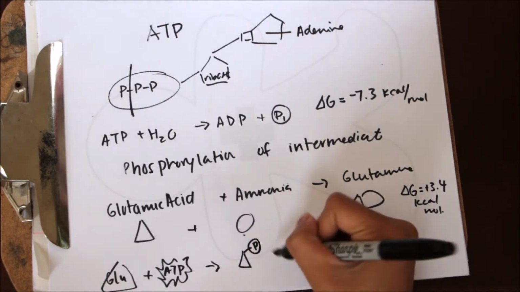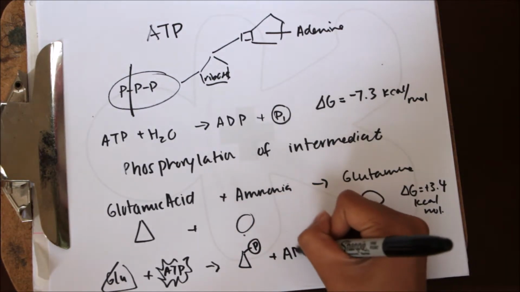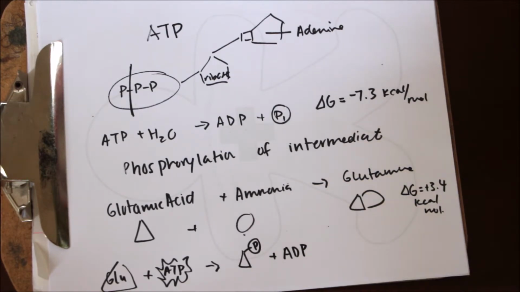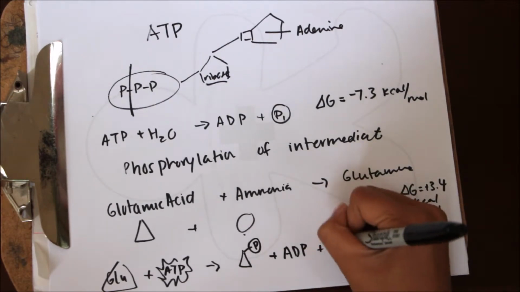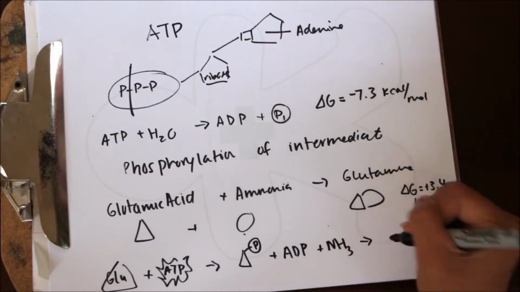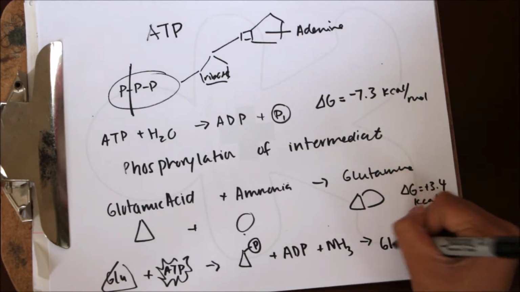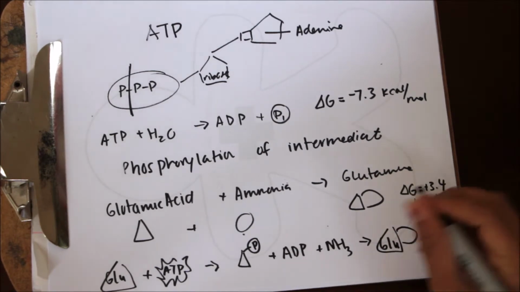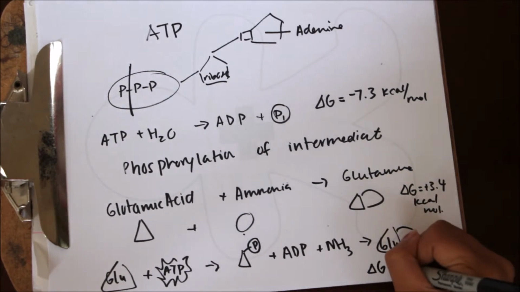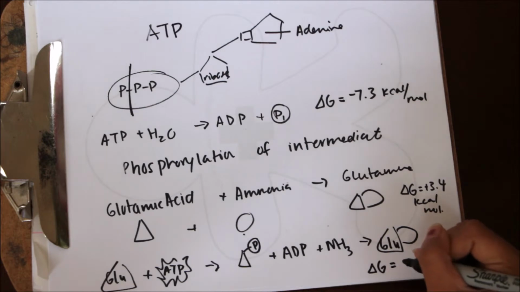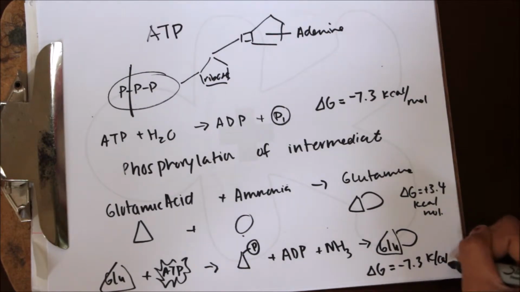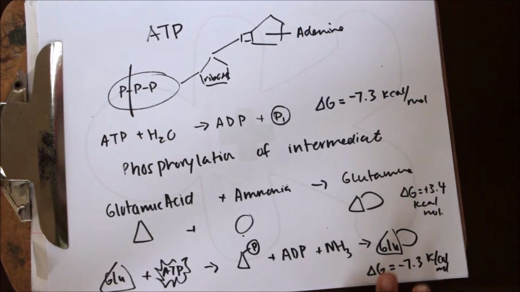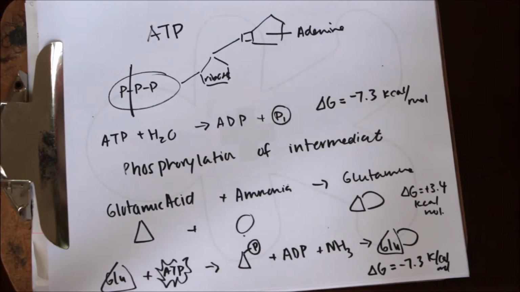We add this P, and then you have the ADP left. Then we add NH3 to here, and this gives you the same result, glutamine, except the overall reaction is now exergonic. Overall, you get negative 7.3 kilocalories per mole, so overall it has remained exergonic.